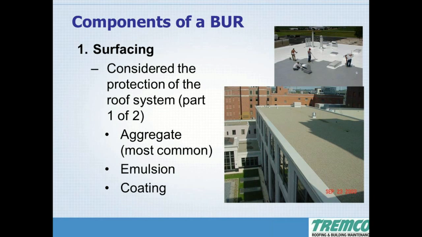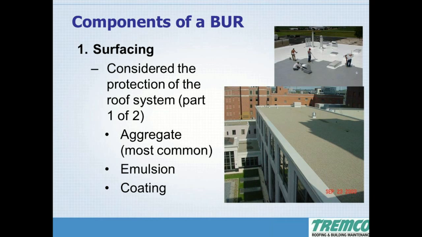Okay, so number one, surfacing. Let's go into some details here. Surfacing is considered the protection of the roof system, and that's actually part one of two. Now, aggregate is the most common, and that's just aggregate broadcast over a flood coat.